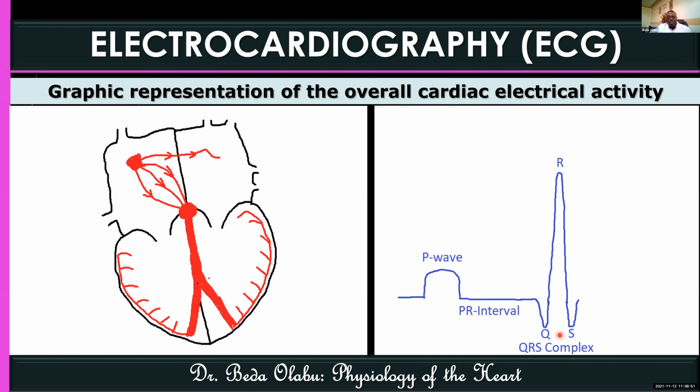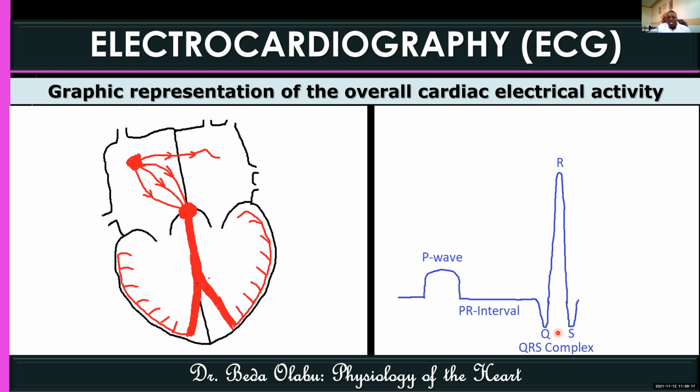Remember from the action potential curve of the non-pacemaker that there is a plateau phase. When the ventricles depolarize, therefore, they will have a period of sustained membrane depolarization corresponding with the plateau phase of the action potential.